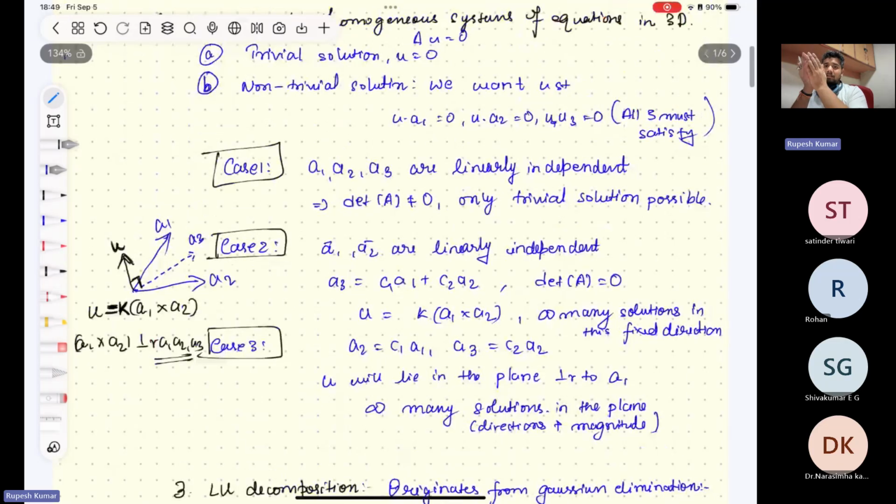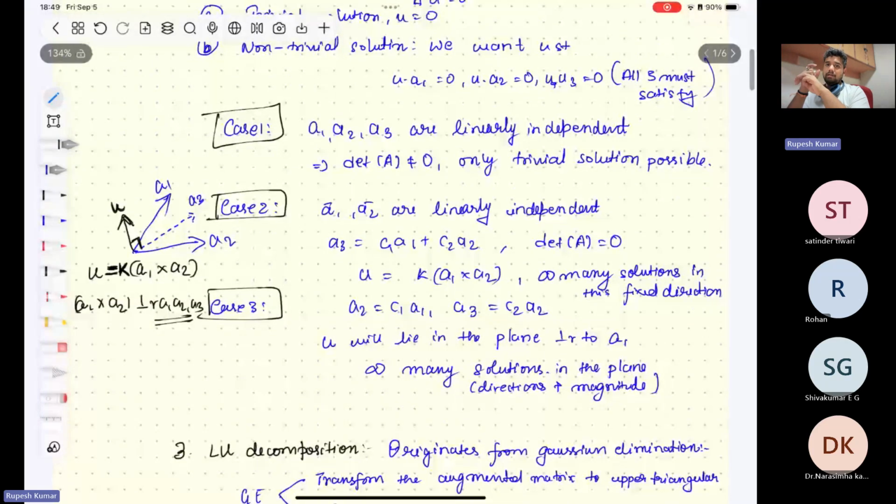Basically, if there are at least two independent vectors, you will get a single direction, and along that direction you can have infinite possible values of u by just scaling that vector. You are looking at a plane and you want to find a normal to this plane. There is one unique direction, but along the normal you can have infinite possible vectors by infinite possible scalings. If all the three vectors lie in the same line, then you get an entire two-dimensional space perpendicular to the three columns.